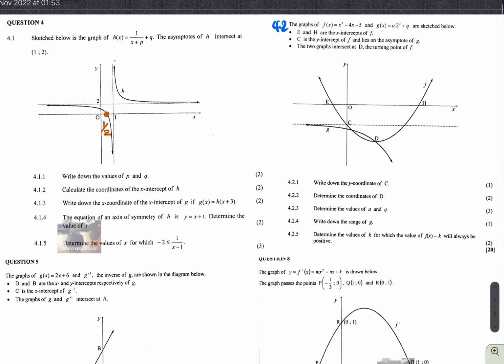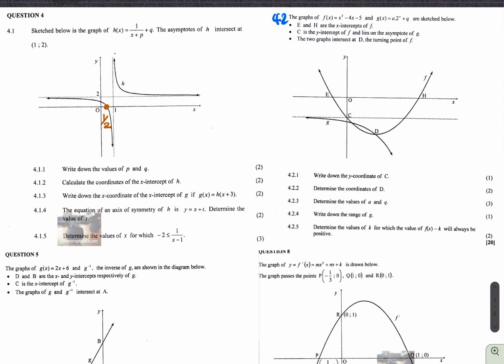The question now is to write down the y coordinate of C. So I'm going to observe what is happening at C. At C there is the y-intercept of the graph. That means at that point, x is 0. So when x is 0 on this particular graph, what is y going to become? y is going to become negative 5.